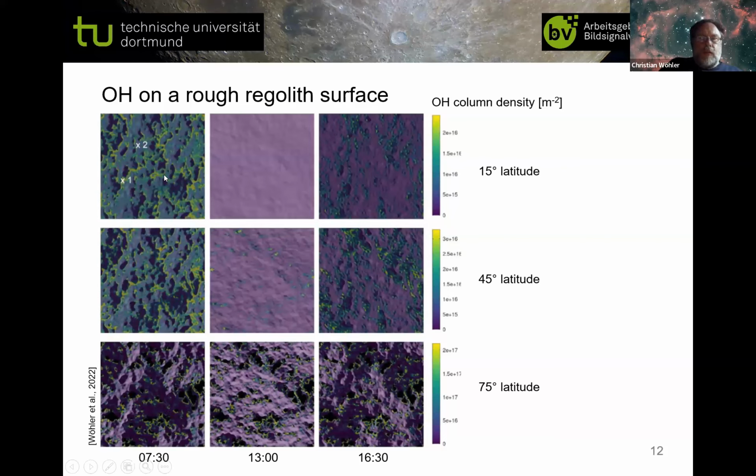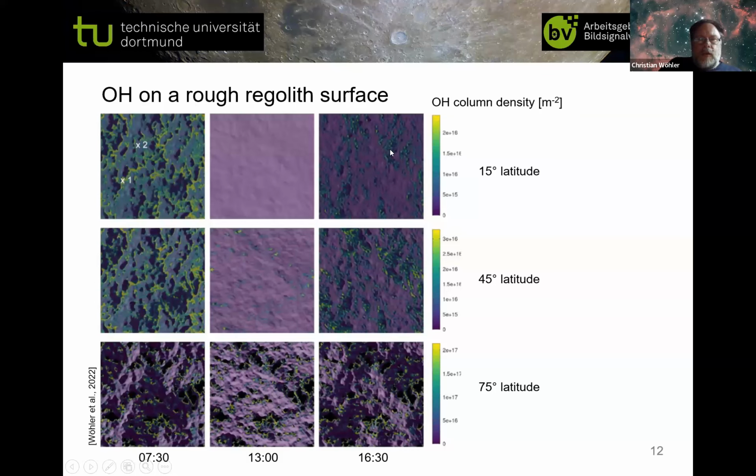At 15 degrees latitude, most of the solar wind induced OH disappears by midday. Of course, there's still the stable component left, which is not considered here. And then in the afternoon, the hydration comes back.